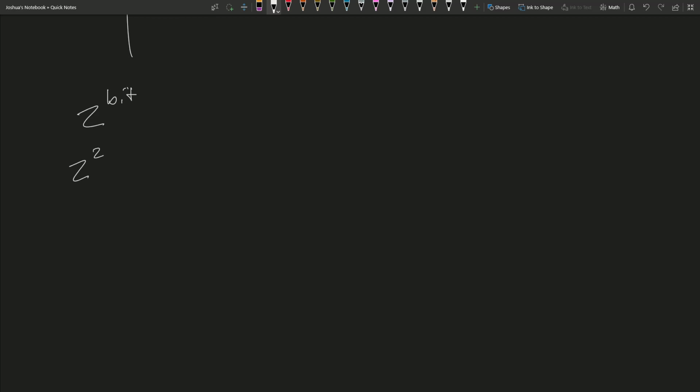So 2 to the 24 will equal this really large number, about 16,777,216 different numbers that can be represented. And those are the amount of numbers between -1 and 1 that we can have.